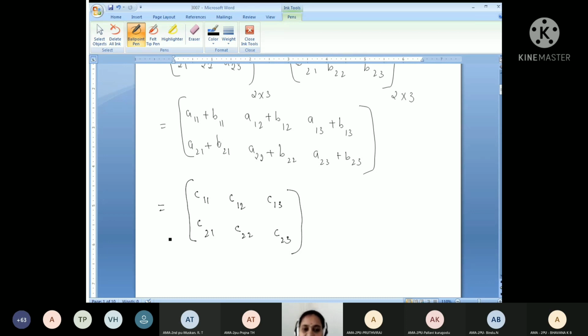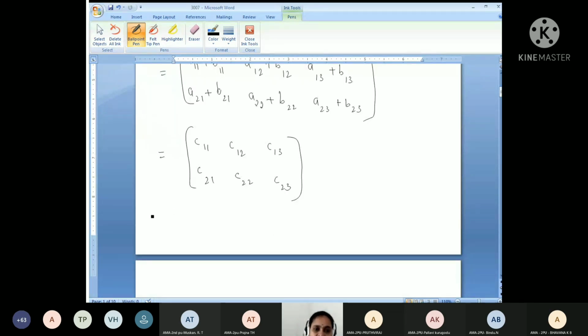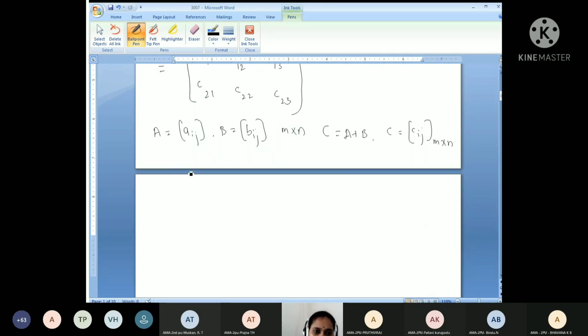Okay. So how we give the definition is: if A is equal to Aij and B is equal to Bij, or any two matrices of the same order, say order m by n, then the addition of these two matrices is given by the matrix C, that is C equals matrix A plus matrix B, and C is equal to Cij of the same order m by n, where Cij is equal to Aij plus Bij.